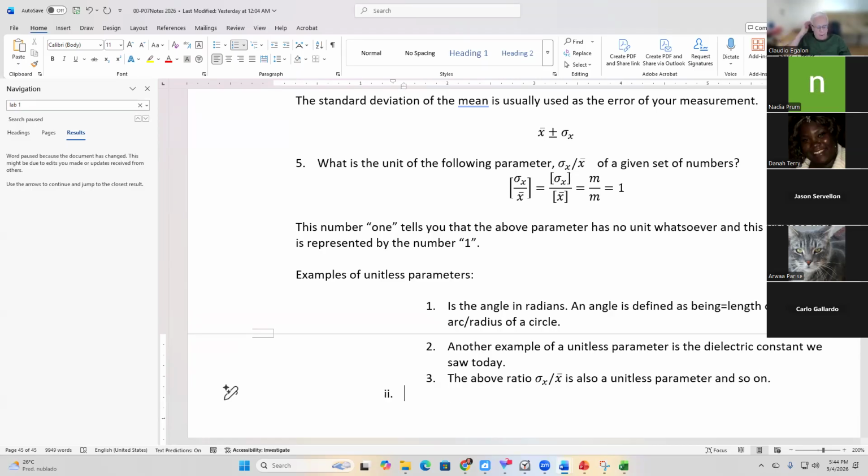So every time we have a unitless parameter, you must write the number 1 in its respective cell.